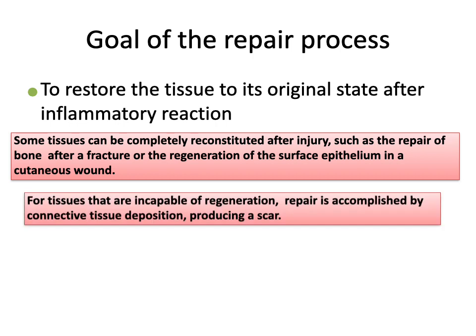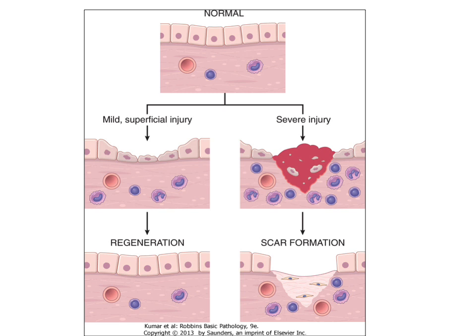However, there are tissues that are not capable of regeneration, and since the body cannot repair the injury by reconstituting it with the same component cells that were originally in the tissue, it will try to replace it with connective tissue, specifically collagen, thereby producing scars. Essentially, this is what happens.